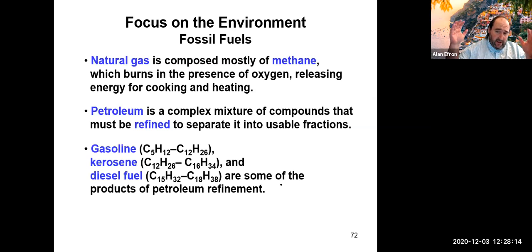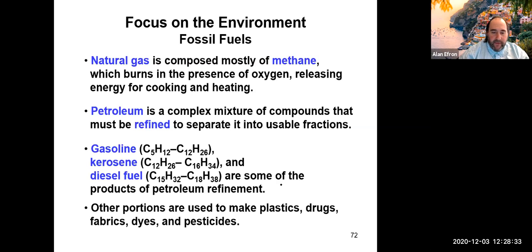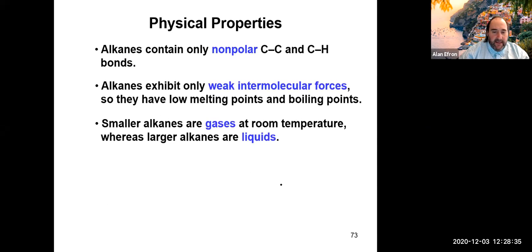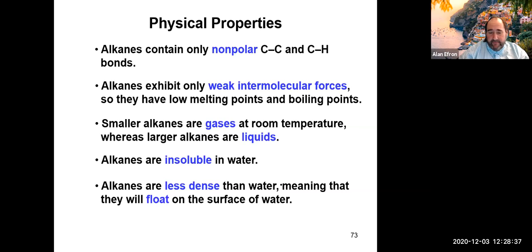So you have these really long chains, and then they bust it up into smaller chains, like gas, like octane, right? 92 octane, 91 octane, 87 octane. Octane being basically 8 carbons. So it breaks it off into a smaller product in that process.